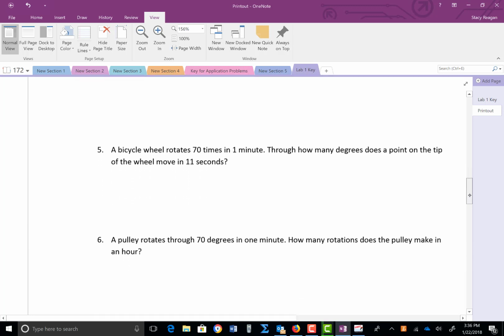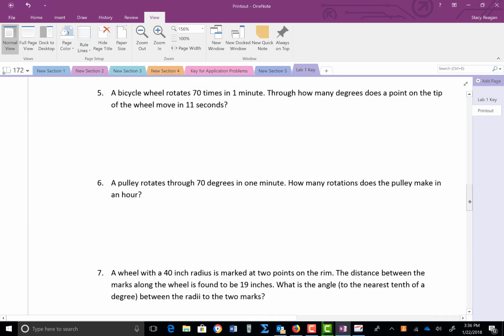And the last one for this video is a bicycle wheel rotates 70 times in 1 minute. So when you're looking at this one, you have to determine what they've actually given you. And anytime they tell you whether it's degrees, whether it's radians, whether it's how many times it rotates, revolutions, any of that, if it's out of time, they have given you angular velocity.